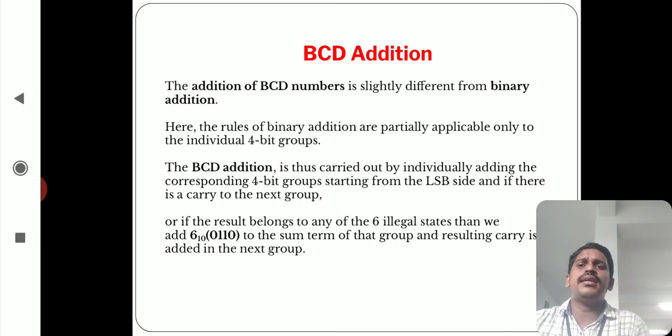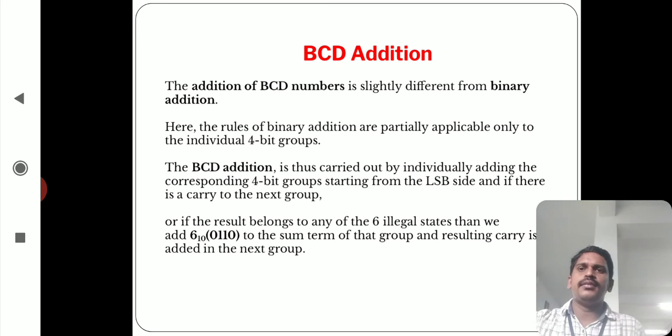Or if the result belongs to any of the 6 illegal states, then we add the value 6, that means 0110, to the sum term of the group, and the resulting carry is added to the next group.